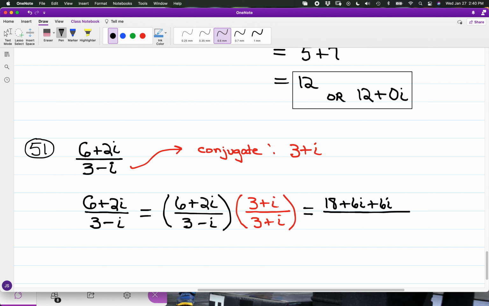And the last part we have 2i times i, so this will be 2i squared. And in the denominator, you've got 3 times 3 is 9. Again, the outside and inside products will be additive inverses. And the last product, we have negative i squared.